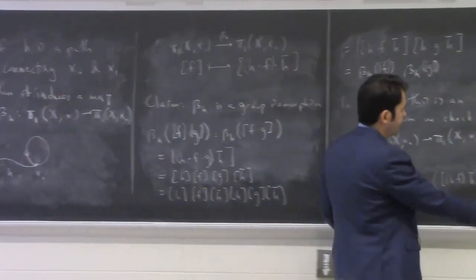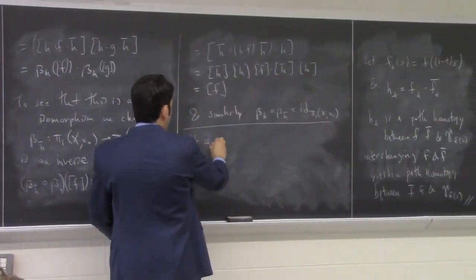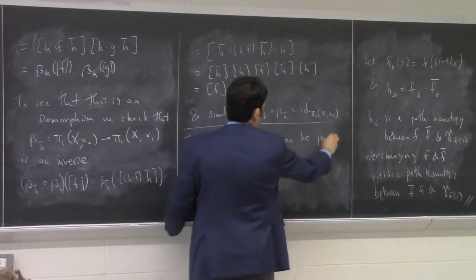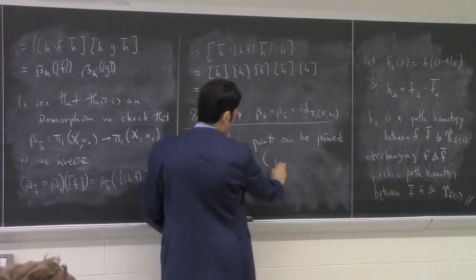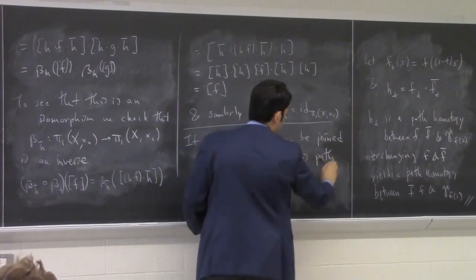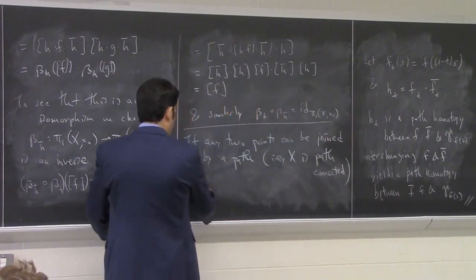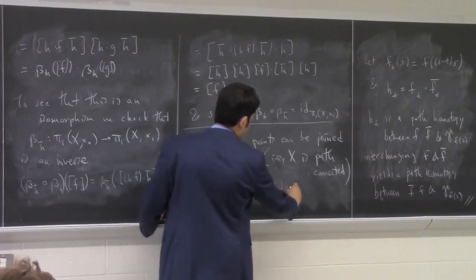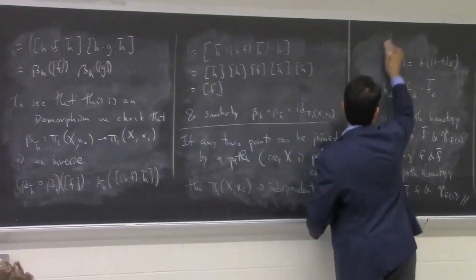So if any two points can be joined by a path, which of course is called x is path connected, then pi 1 of x x0 is independent of x0 up to isomorphism.